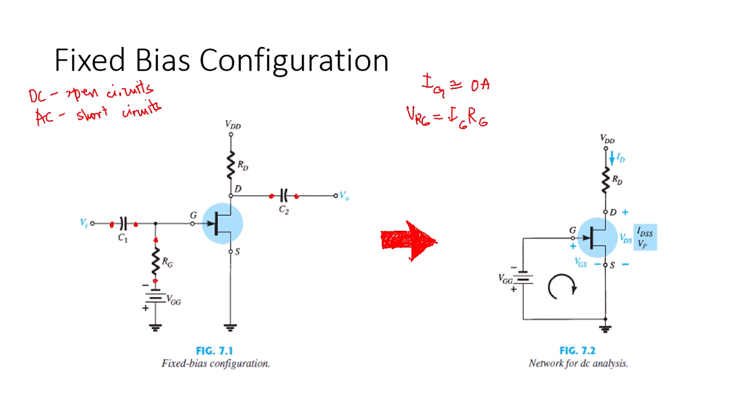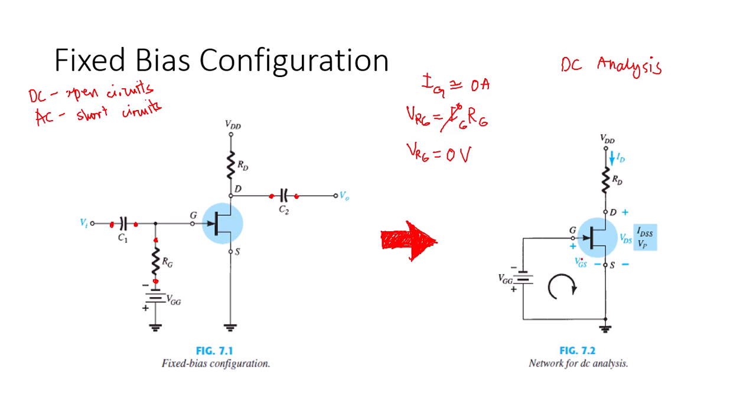Substituting the value of IG, 0 amperes, this gives us a value of 0 volts also. So in the DC analysis of the fixed bias configuration, RG was removed. This is the DC equivalent circuit of the fixed bias configuration given in the first figure.